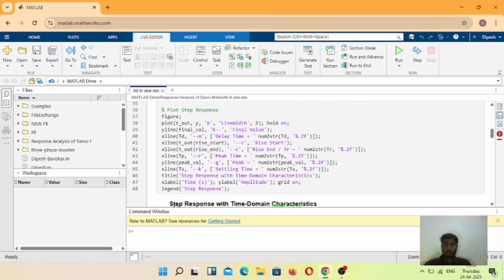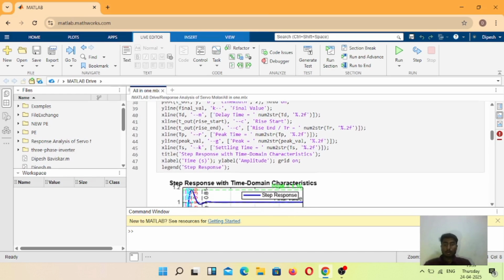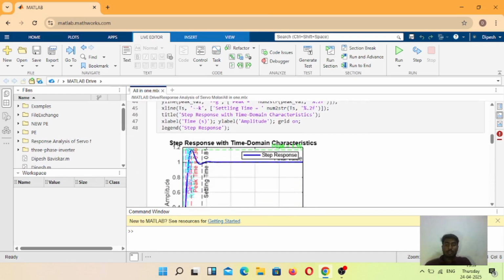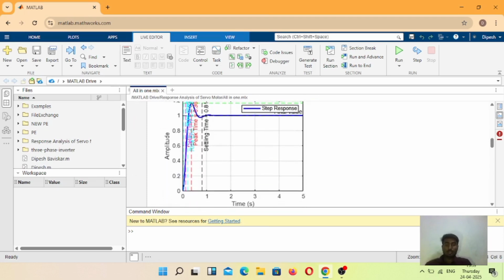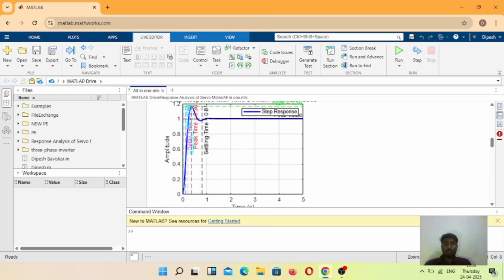The plot command and y lines are used to plot the outputs. This is the output of the step response. It shows the maximum value, delay time, and settling time.